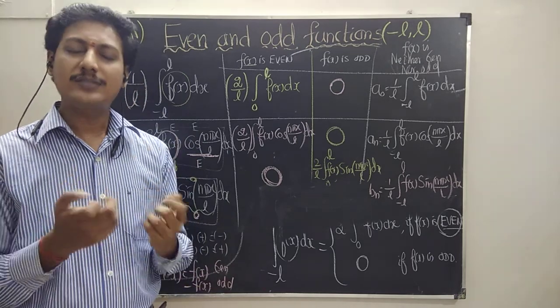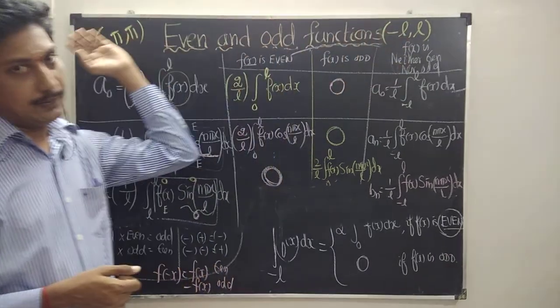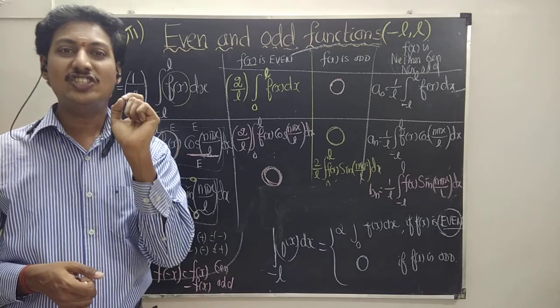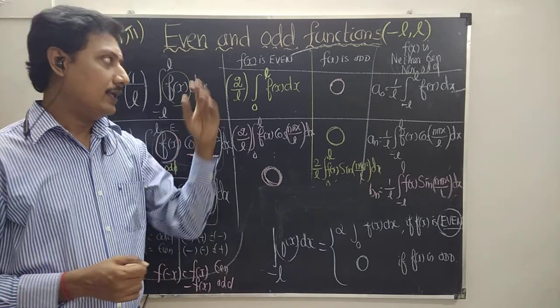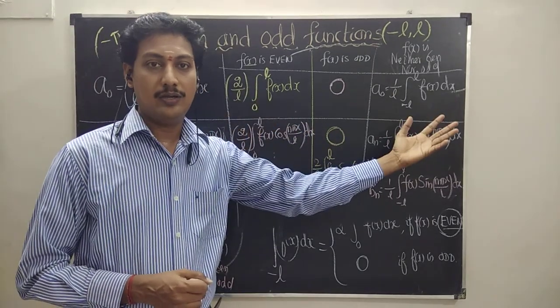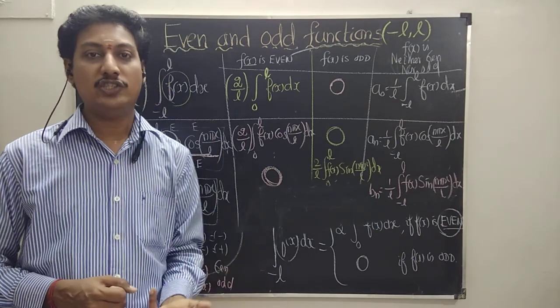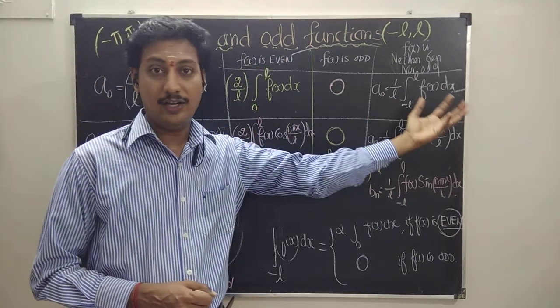Now, once the function is defined in minus L comma L or minus pi comma pi, kindly check whether the function is even or odd or neither even nor odd.